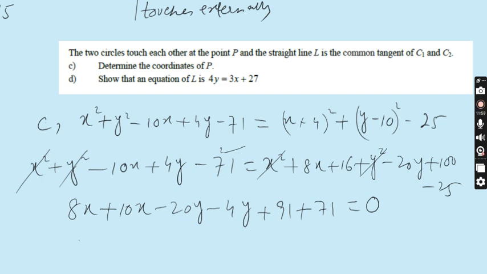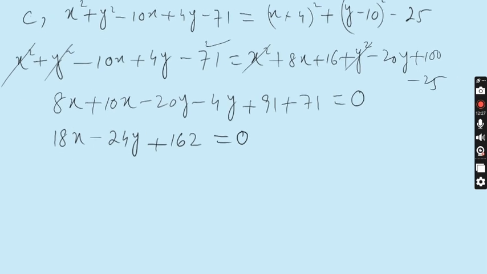More simplification: 8x plus 10x is 18x, minus 20y minus 4y is minus 24y, and 91 plus 71 is 162, plus 162 is equal to 0. You can simplify this linear equation, dividing the whole equation by 6 in order to solve easily. 6 3s are 18x, 6 4s are 24y, and 162 upon 6 is 27.